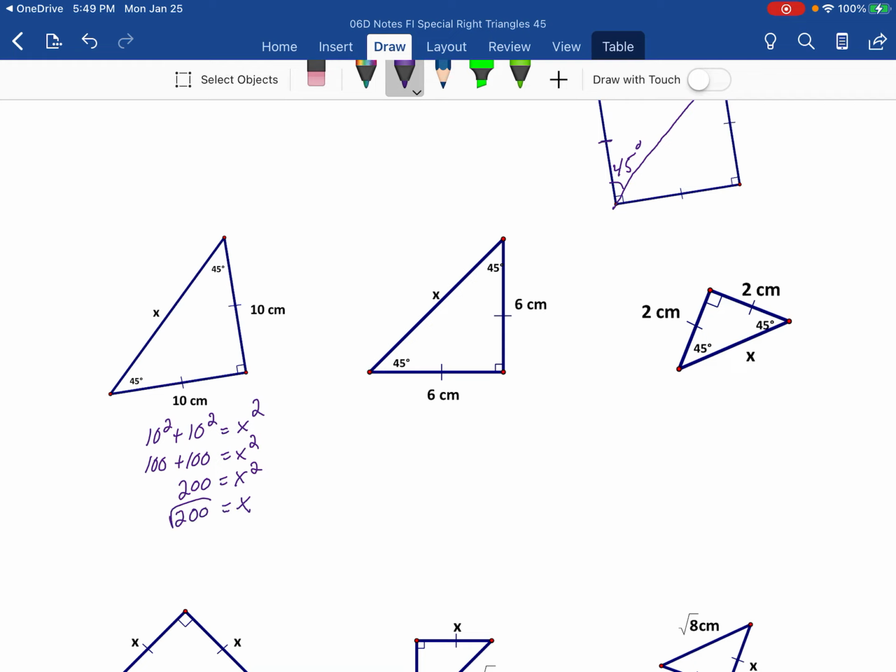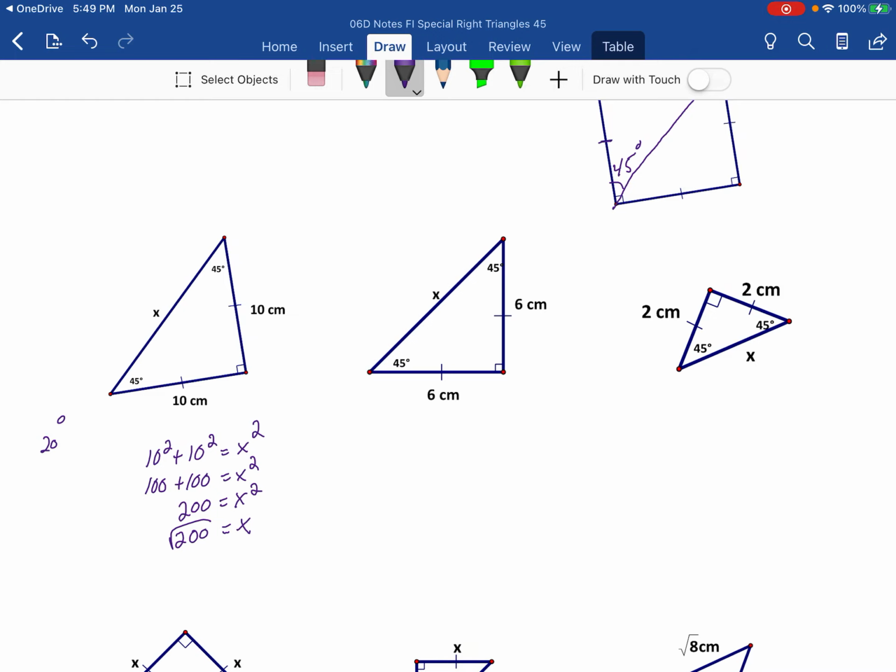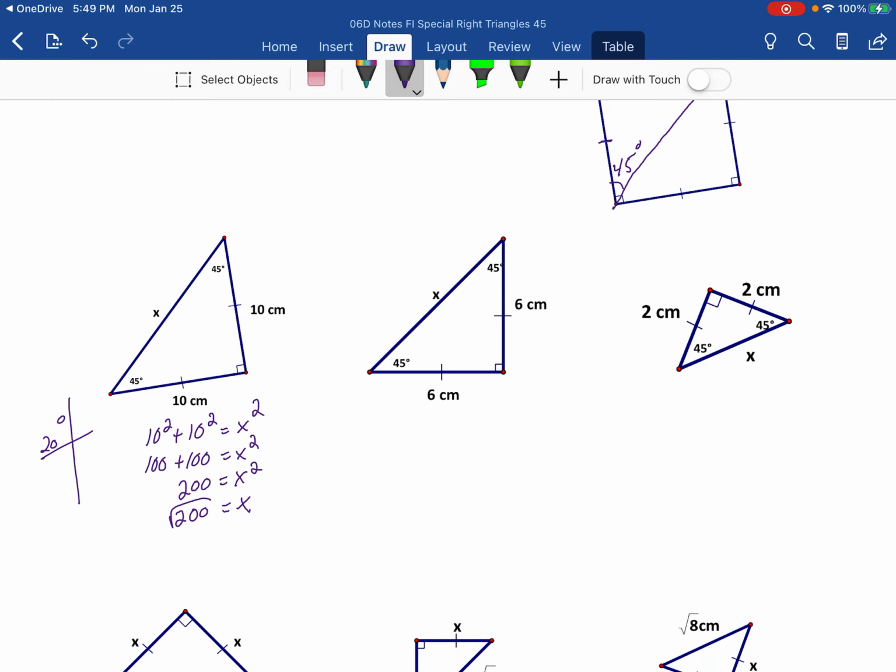X is equal to the positive root of 200. I simplify. 200 divided by 2 is 100. I know the square root of 100 is 10, so all said and done, this simplifies to 10 radical 2. Don't forget your units. In this case, it's centimeters.